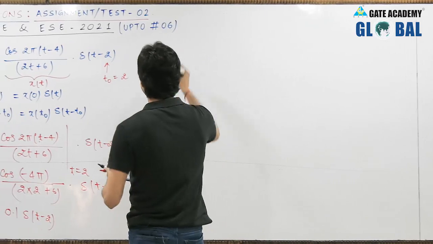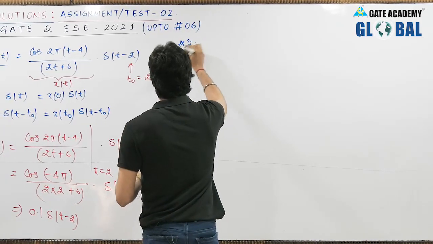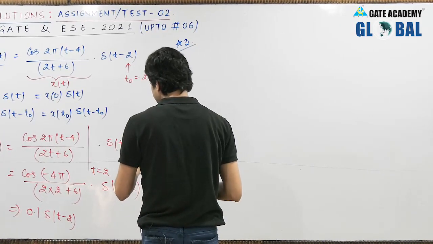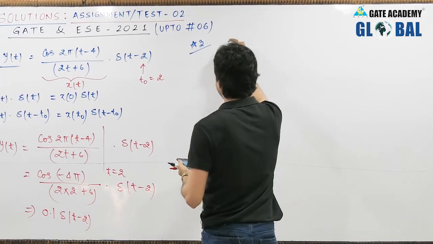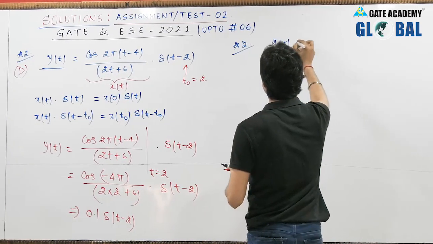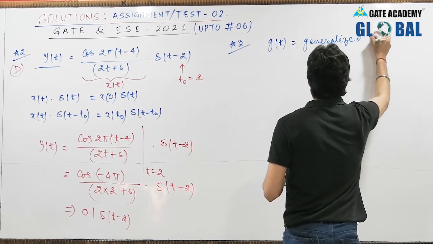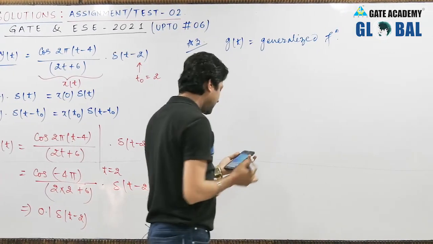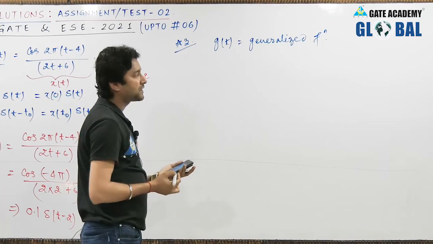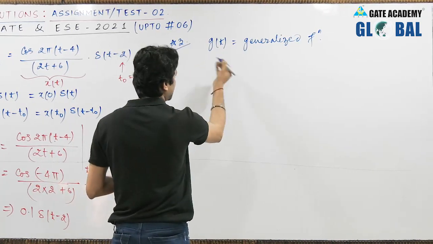So, in question number 3, it is given that g of t is a generalized function. It is also given that the area under this generalized function g of t, and how do you find the area?